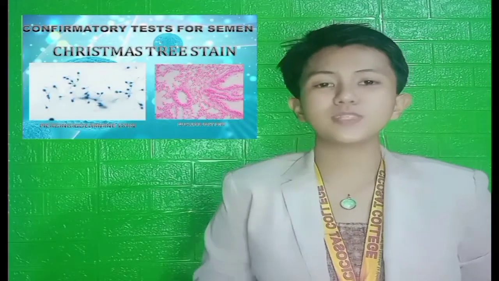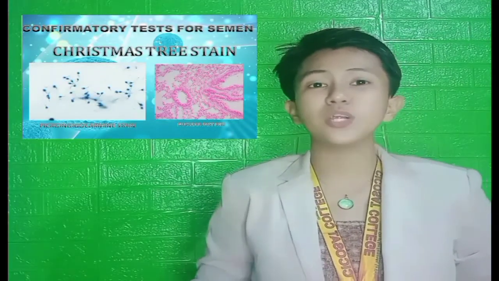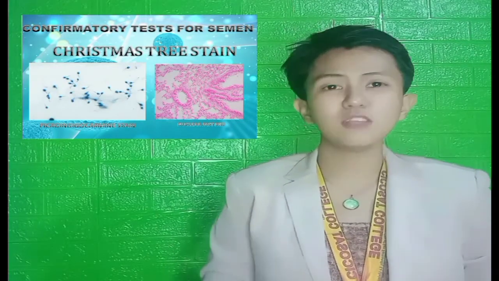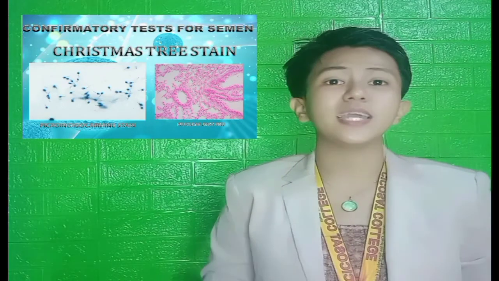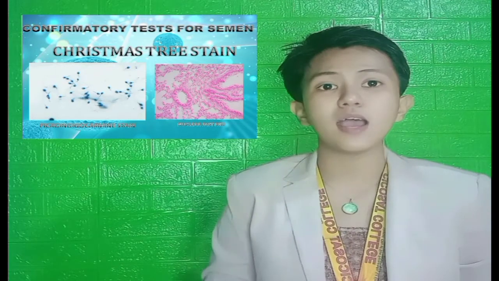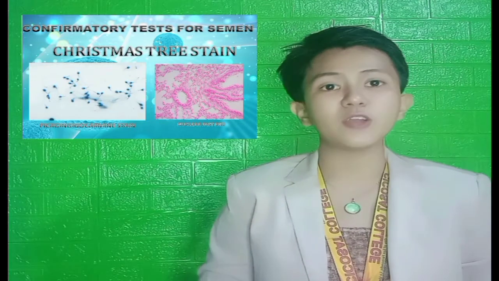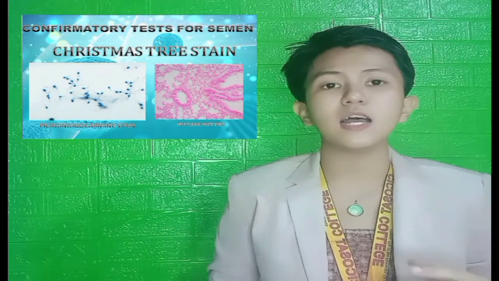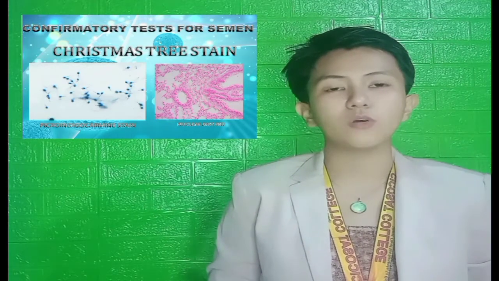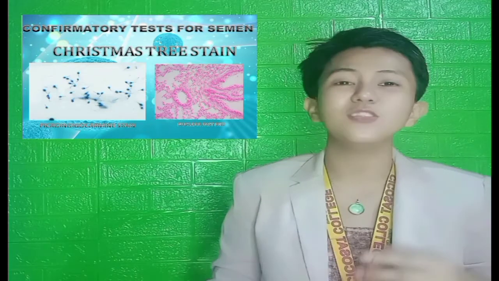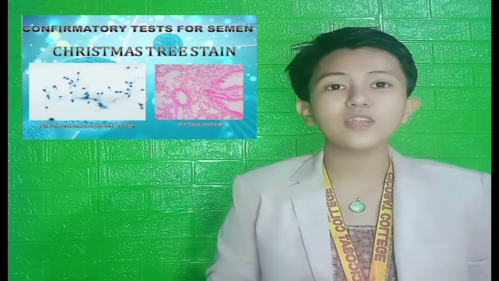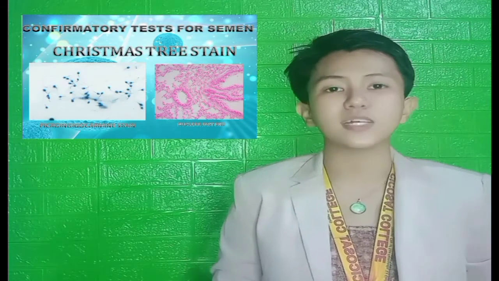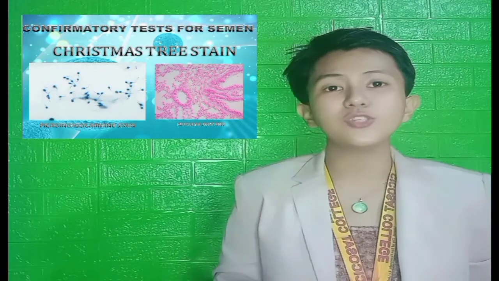So, let's proceed to the confirmatory tests for semen. First is the Christmas tree stain, which gives positive identification of sperm cells. It uses two reagents: picroindigocarmine stain, where the neck and tail appear green and blue, as seen in the picture, and nuclear fast red, where the head appears red and pink.